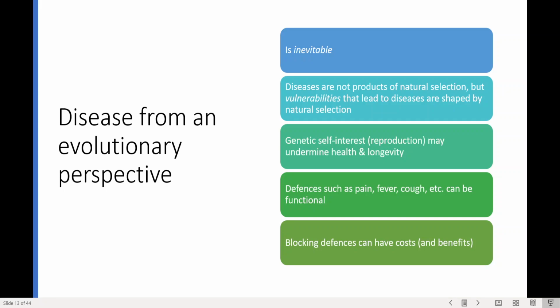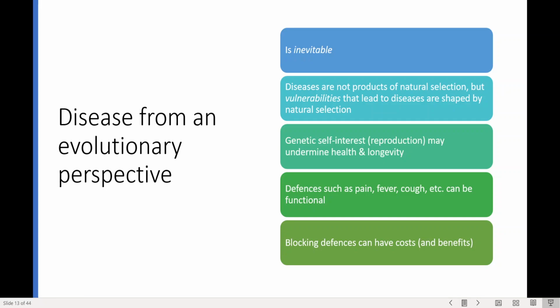So we have vulnerabilities that can lead to diseases. And we have to think about that genetic self-interest, so passing on our genes, reproduction, could actually and often will undermine our health and longevity. So there's always this kind of trade-off that we have to consider when talking about disease.